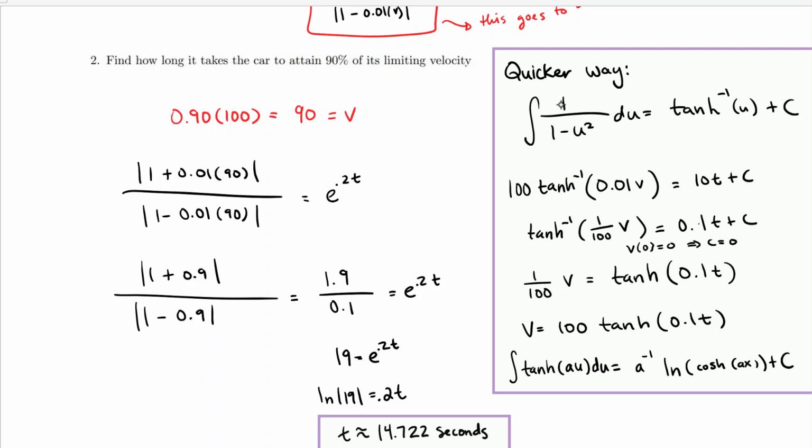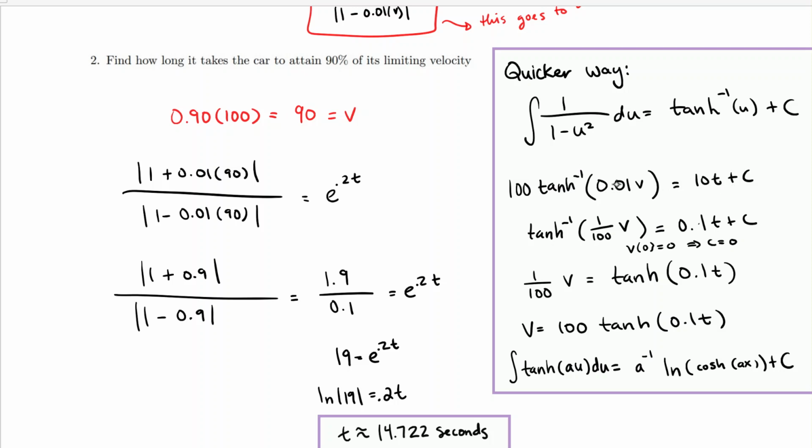If you see the integral of 1 divided by 1 minus u squared du, then that integral is inverse hyperbolic tangent of u plus c. And then what we could have done there is once we got this integral, we would get 100, using our u substitution, 100 inverse hyperbolic tangent of 0.1v equals our 10t plus c.